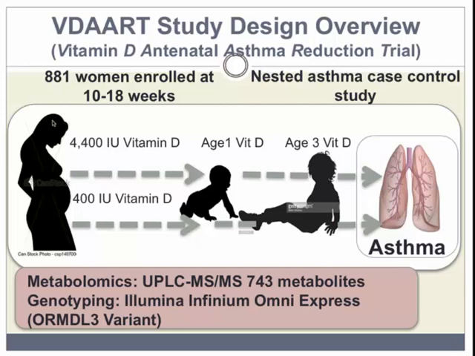They were given this every single day during pregnancy, from enrollment all the way through delivery of the baby. We then had multiple measures of the metabolome from early on through age 3, and at age 3 we looked at how many of those individuals were diagnosed with asthma.